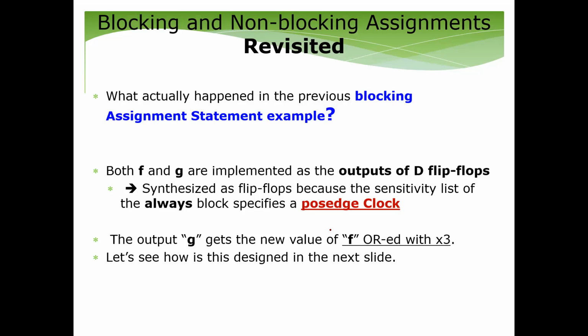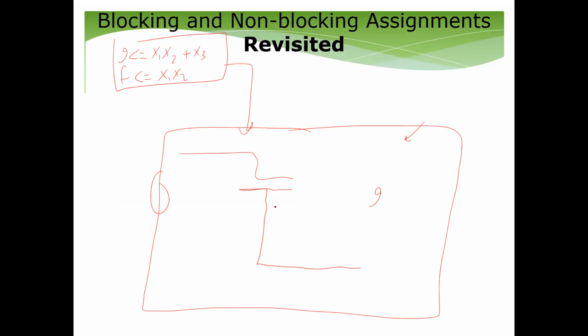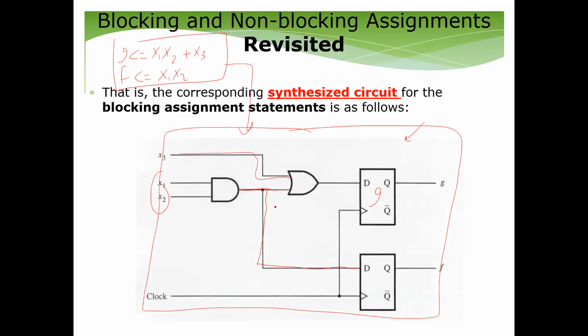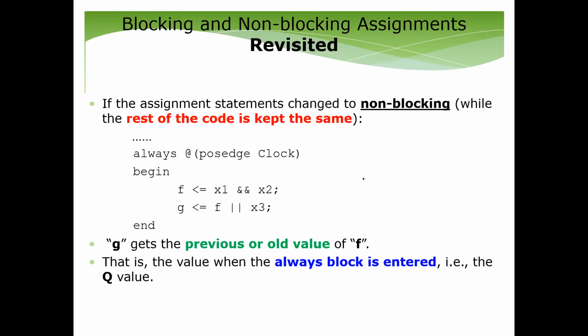Okay, what do we have here? Both f and g are implemented with D flip-flops when synthesized. This is what we talked about. That's just an explanation of what we mentioned. And this is the synthesized circuit with blocking assignments. Now, if you use non-blocking assignments, which we already mentioned, make sure that this symbol is less than or equal, meaning assignment.